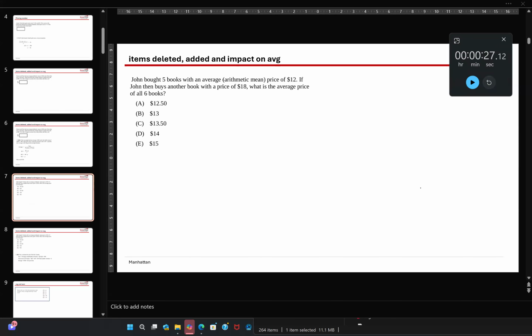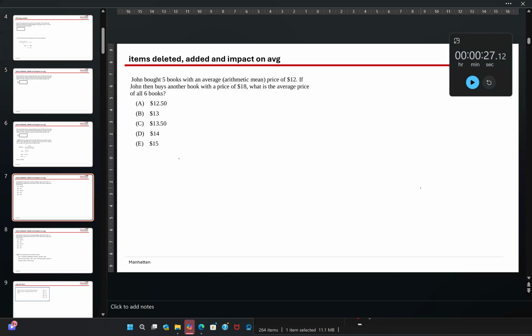So there are two ways of doing this. I don't know which one you followed, but N is 5, average is 12. So total becomes 60. Then they are adding to this. So I will write it in a new row. So now N becomes 6 and total becomes 78. So the new average is 78 by 6, 13.